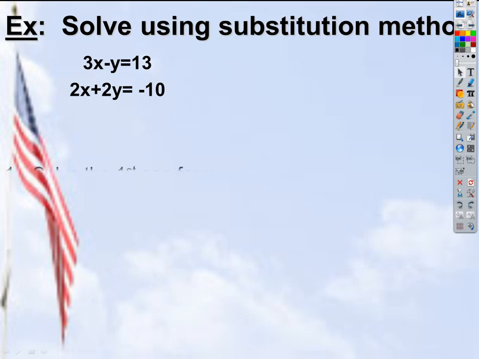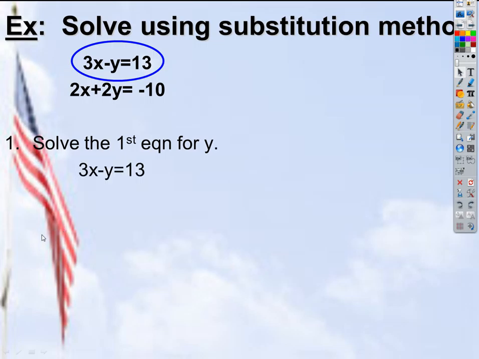Tell me if you don't like this better. I think this is better. What I always do, if I've got a negative y on one side, is add the y to the other side to get the y over there, and then subtract 13 back to this side. Does that make sense? To me, that seems easier because you don't have to multiply or divide by negatives.